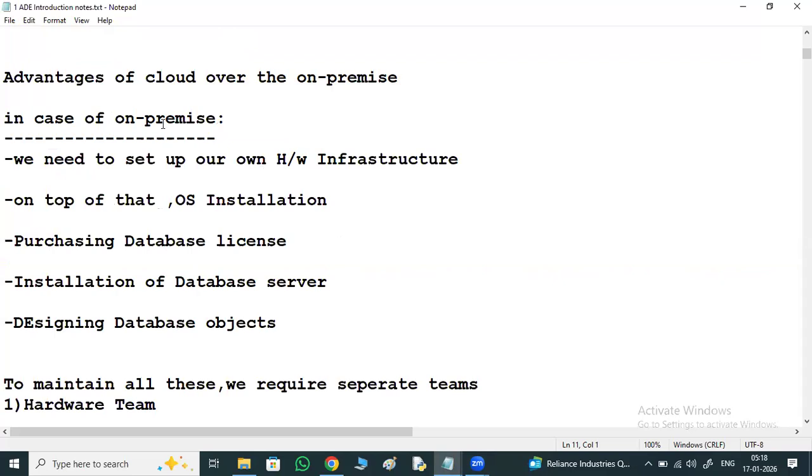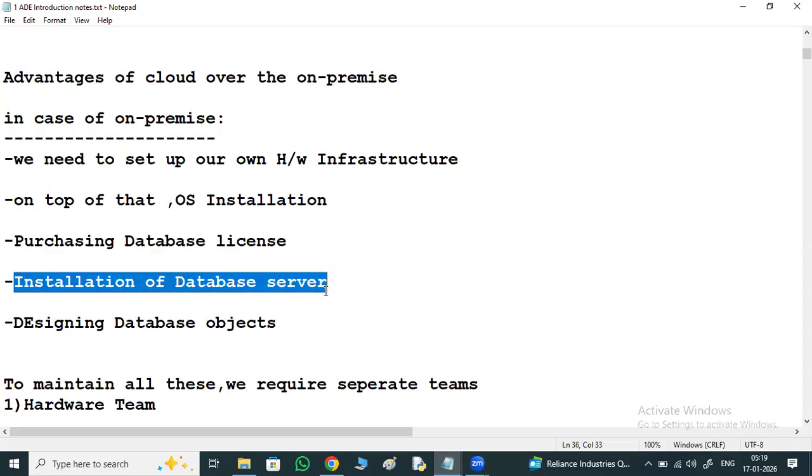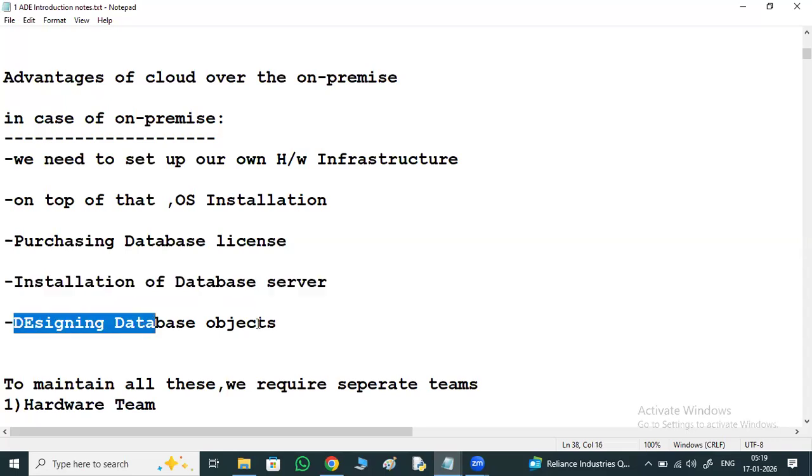In case of on-premise, we need to set up our own hardware infrastructure, then do the installation of the OS.